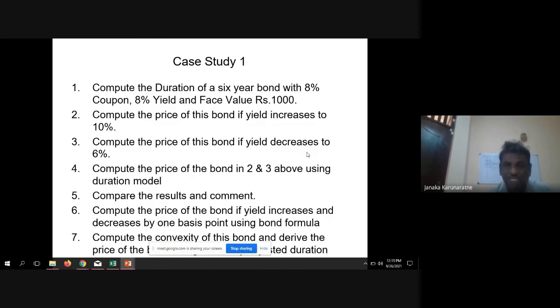If it comes down by 1 basis point, what is the price? Use the same formula. We use that question 1, 2, 3. Can you all do it quickly?